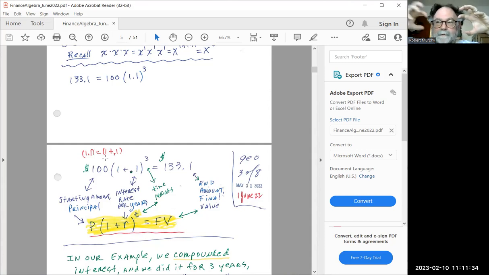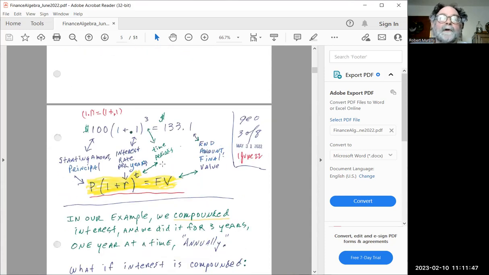This equals that, so we flip them around, and I have 100 times the quantity 1 plus 0.1 raised to the third power equals 133.1. And that turns into the formula I started the lesson with: P times the quantity 1 plus r, raised to the T power, equals FV.